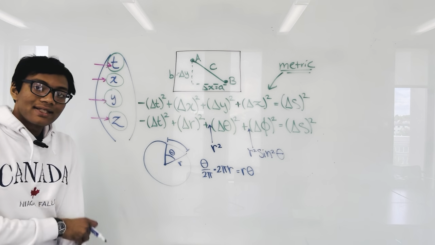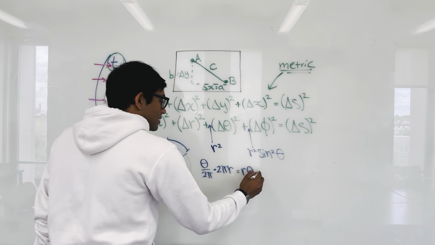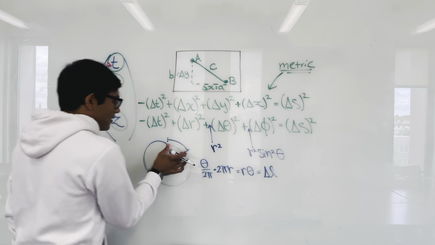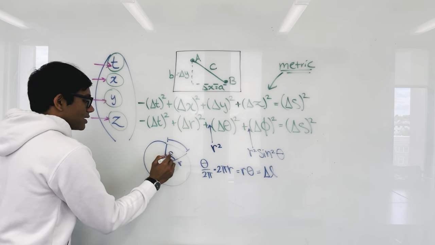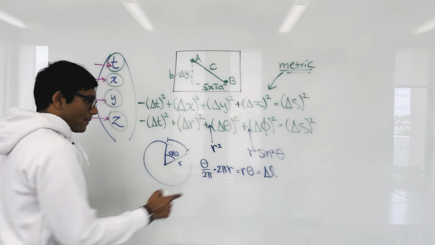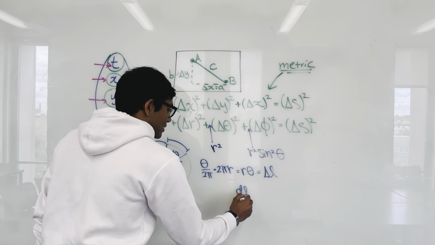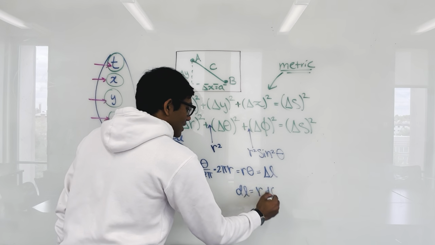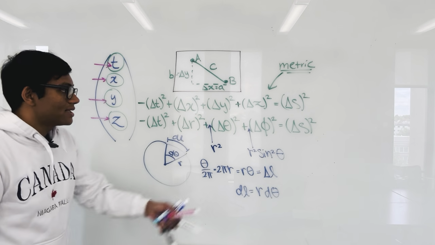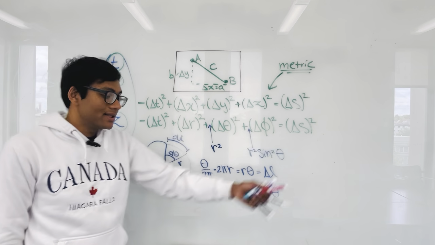So that's the size of a tiny arc length of this pie. Now, if I just replace this theta with a d theta, that means this tiny length, dl, is simply r d theta. Now, notice here that my metric is squared. My length is squared.